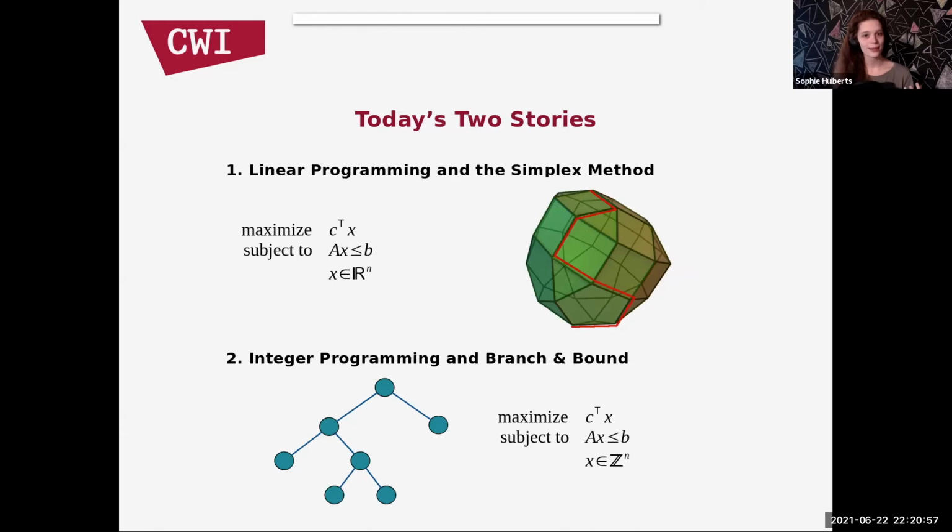The simplex method and branch and bound really are the bread and butter of today's commercial and academic solvers. When it comes to solving integer programs, these two algorithms are actually used together to great effect.